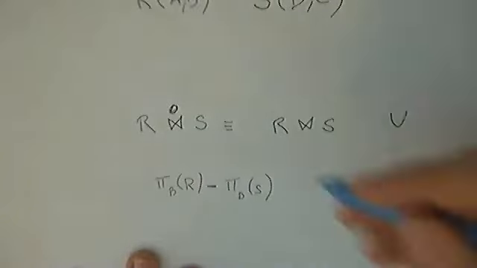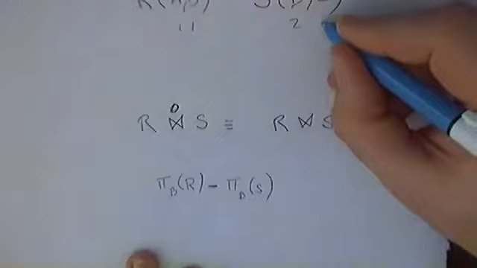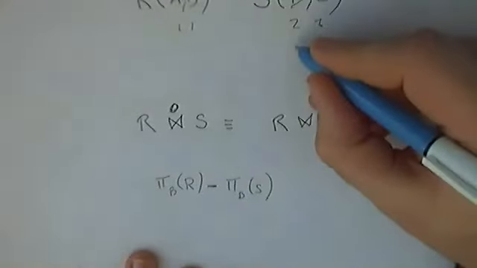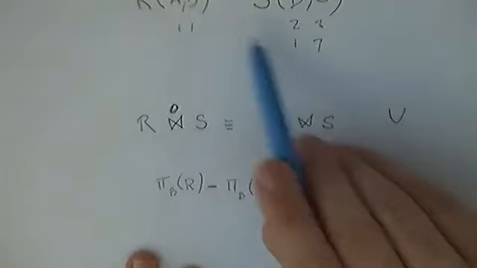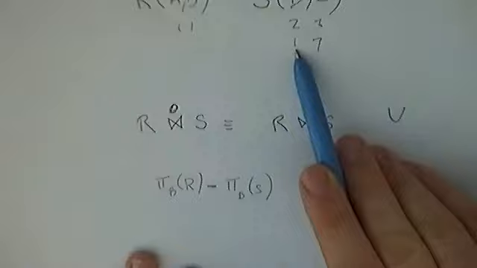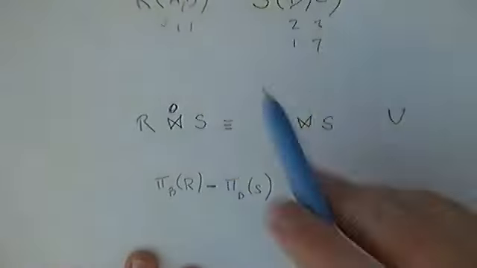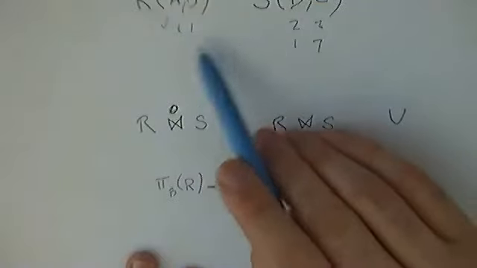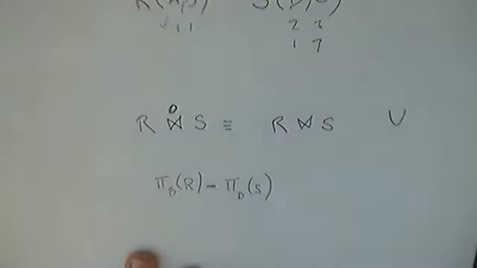Let's say I have 1, 1 here, and I have 2, 3 here, but then I also have 1, 7 here. Well, we can find one here where it doesn't equal, right? This B does not equal that B, but it does equal that one. So this tuple right here actually does have a match in S. Is that clear?